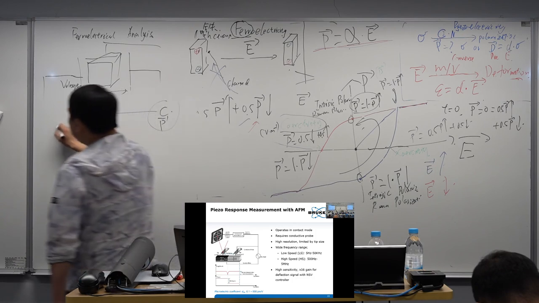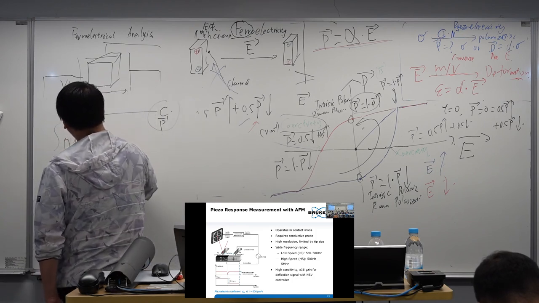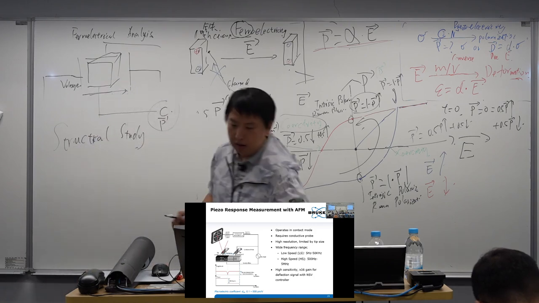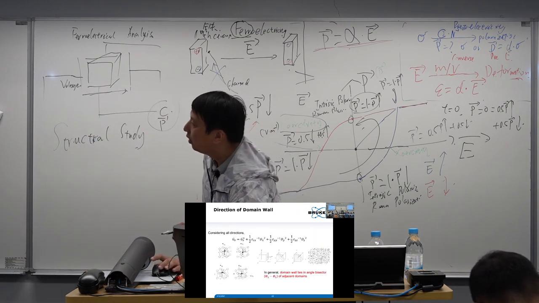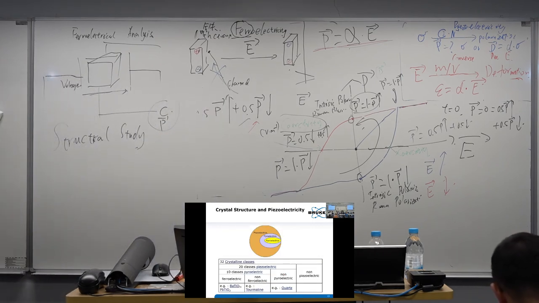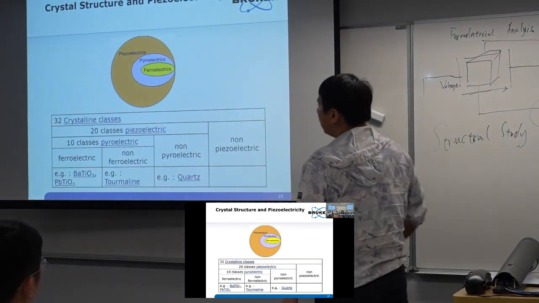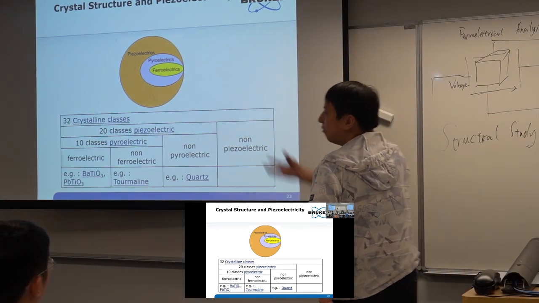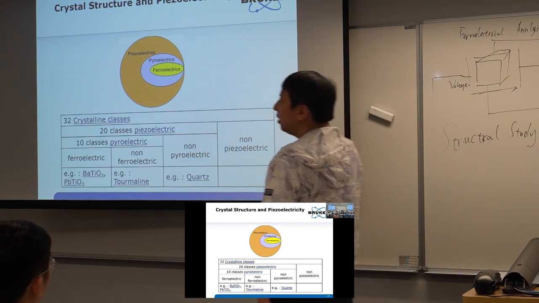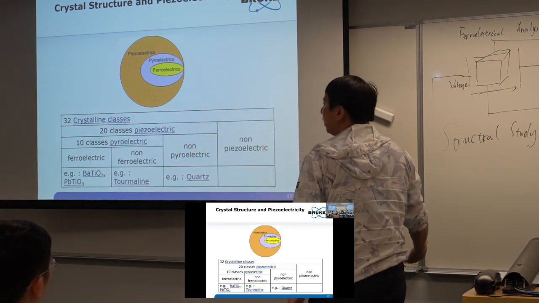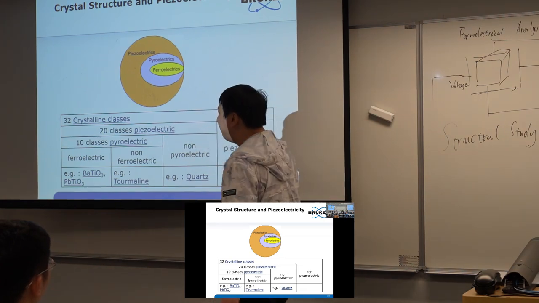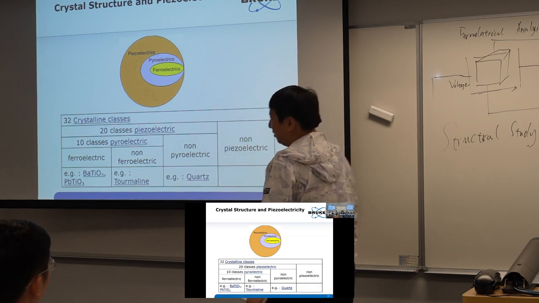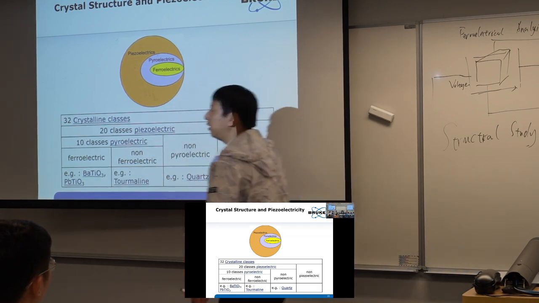But as we said, we can do structural study. If you want to know if this material is ferroelectric or not, you can do it from the structure study. If you have TEM, high resolution TEM, or X-ray, you can study its crystal structure. If you find that this crystal structure is polarized, it's definitely pyroelectric.